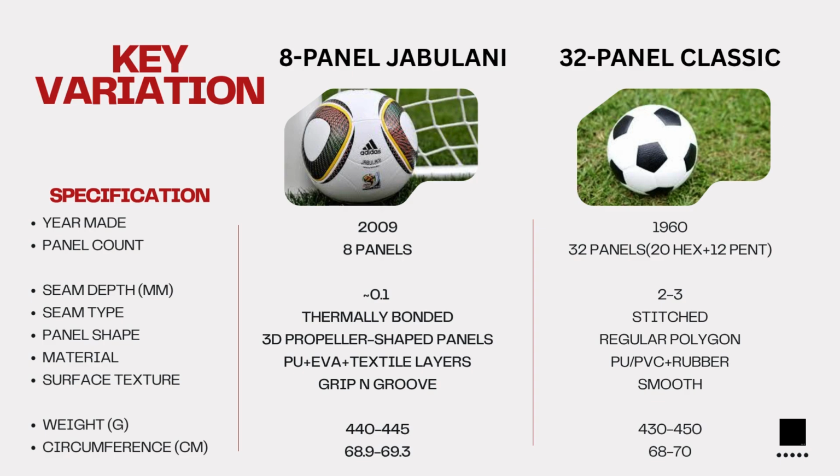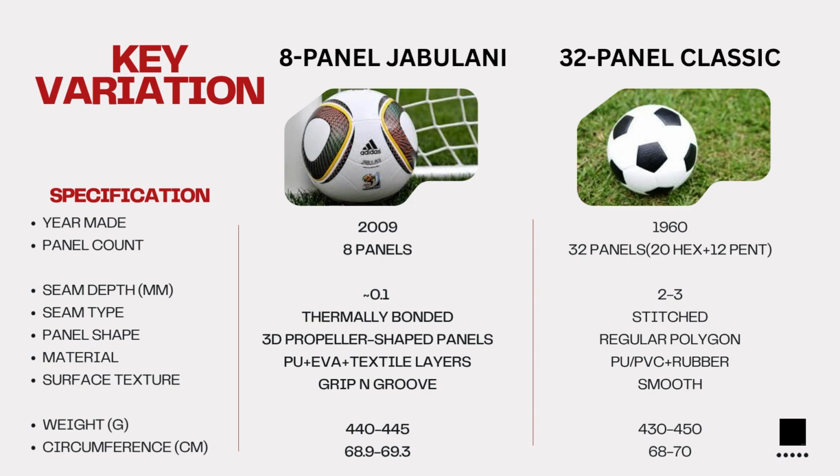Meanwhile, the classic ball, used in 1970, has 32 stitched panels, 20 hexagons and 12 pentagons, with deeper seams of 2 to 3 mm. It's made from PU, PVC and rubber and has a smooth surface, giving it a more stable and predictable flight.